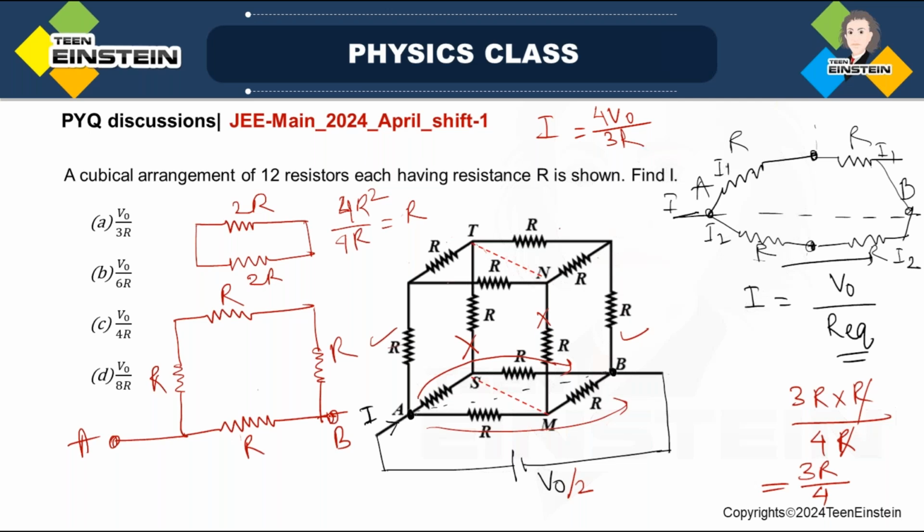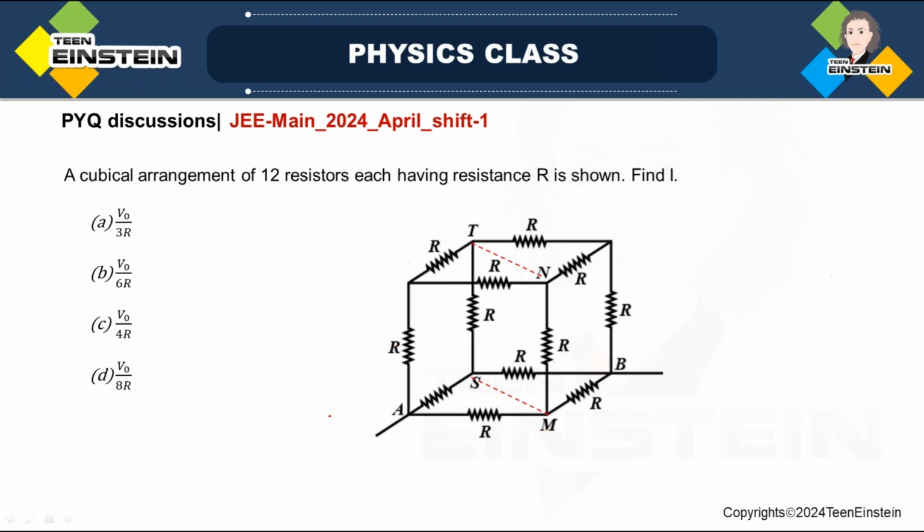Okay, so anyway, I have got the equivalent resistance. Let me just try to find out the current now. So what is the current? If we see here, I have got this battery V0.